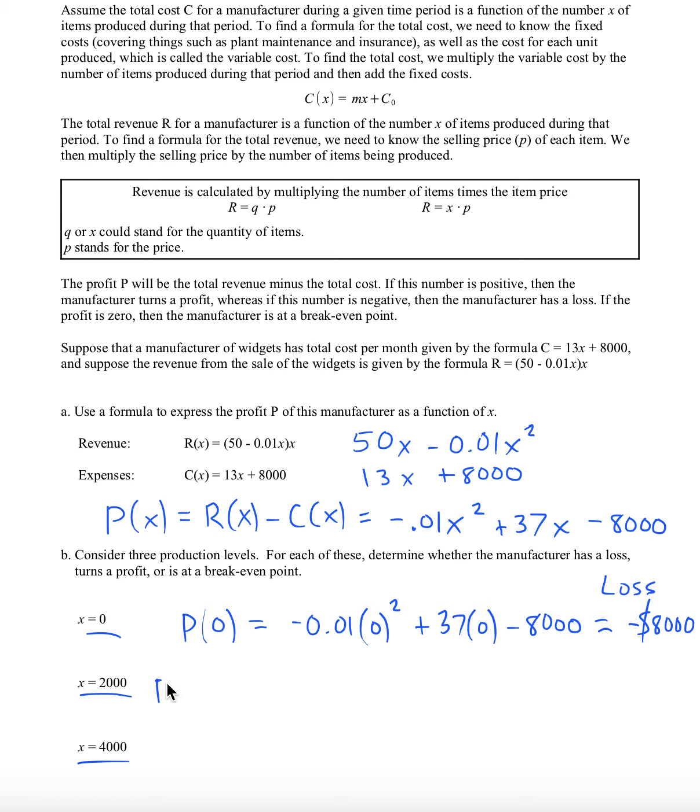Now let's try to find the profit if they make 2,000 items. All right, now they have a gain of positive $26,000.